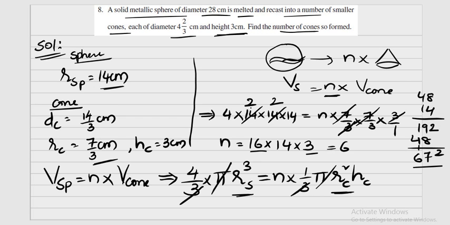So totally how many cones am I going to get? I am going to get 672 cones. So the answer is 672. So this many cones we are going to obtain when we convert a solid metallic sphere into cones, right? So this is about question number 8 of this particular concept.